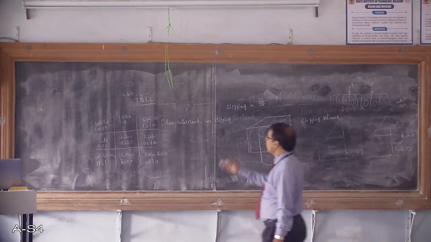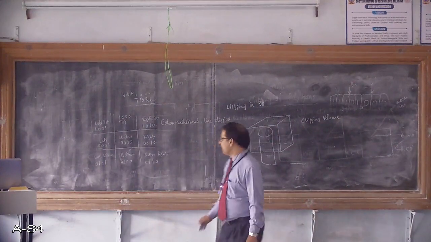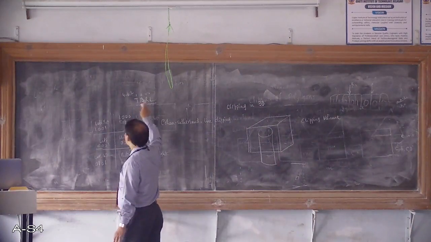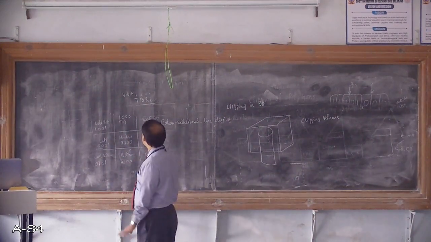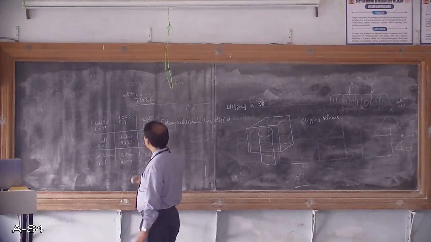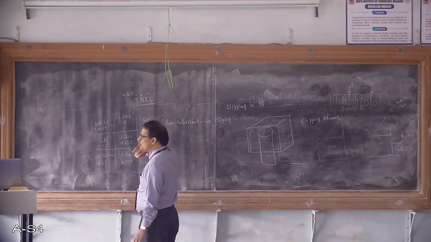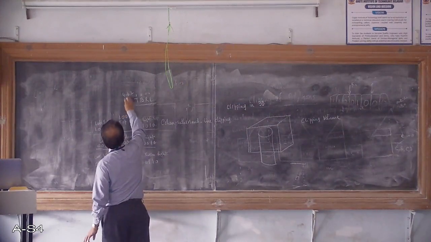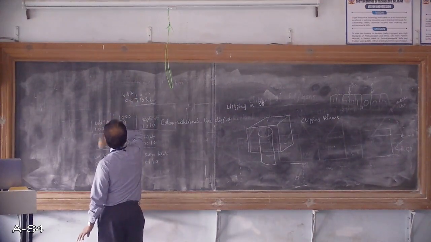Now the same thing can also be applied for three-dimensional objects. Instead of the 4-bit code, we are going to add two more bits, which are far and near.